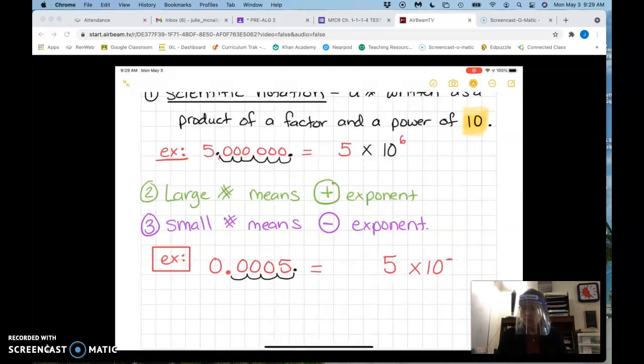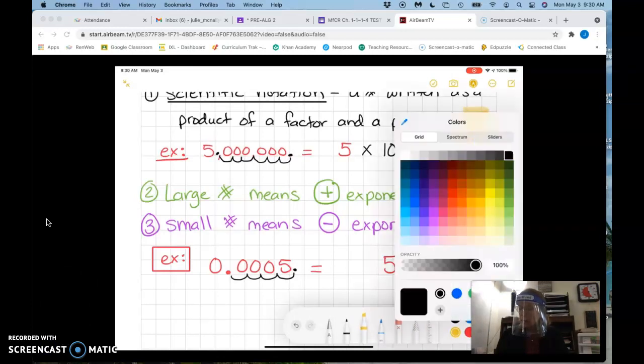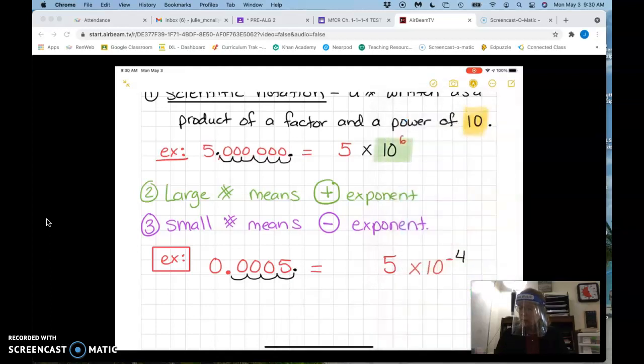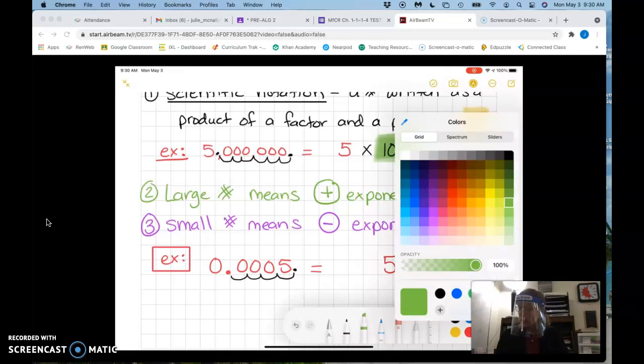So if I put my decimal right there, now I have the number 5. And since I moved it 4 places, 4 is my exponent. All right, so now you can see what I mean when I say a large number means a positive exponent and a small number means a negative exponent.